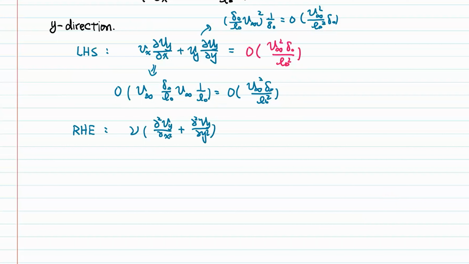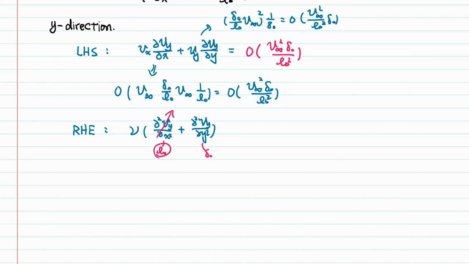Now, we know that this is L naught in the denominator, right? And this would be delta naught in the denominator. So the first term can be safely neglected because it has a much larger denominator. So we'll neglect that.